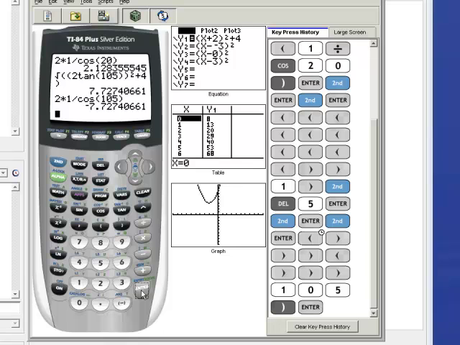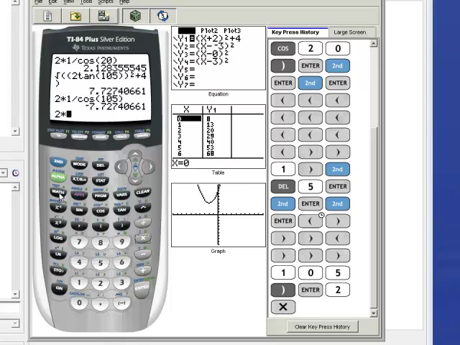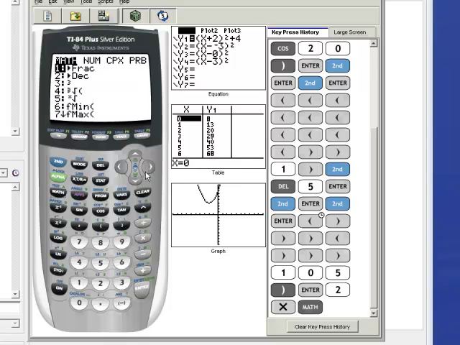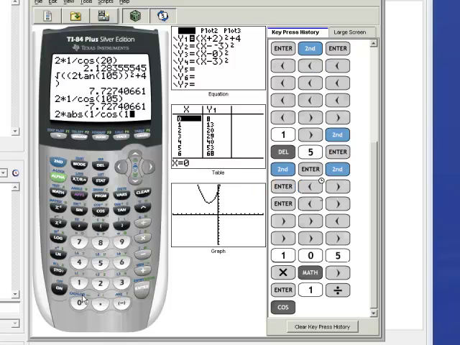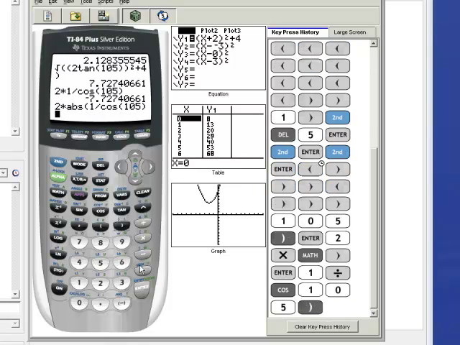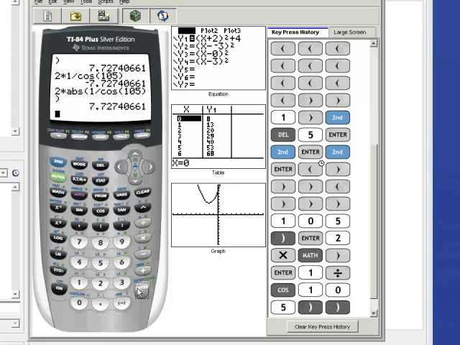Notice what happens now: negative 7.72. That's why they put the absolute value bars around it. So when I do 2 times, and now I have to find where my absolute value is, let me see, there it is, 1 over cosine 105, with parentheses, then I come up with the correct 7.72.